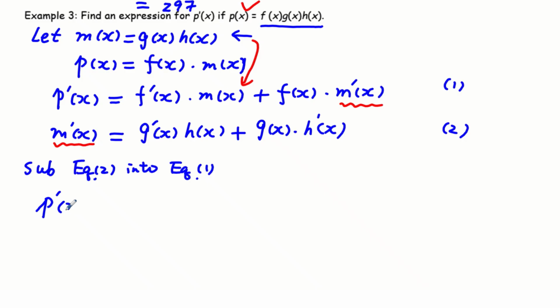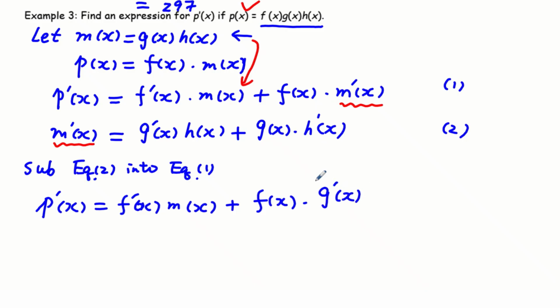So p prime of x equals f prime of x, we could just keep the m at x here first. Then we just focus on m prime x, using equation 2 to sub in. So it's g prime at x times h at x, then plus g at x times h prime of x.